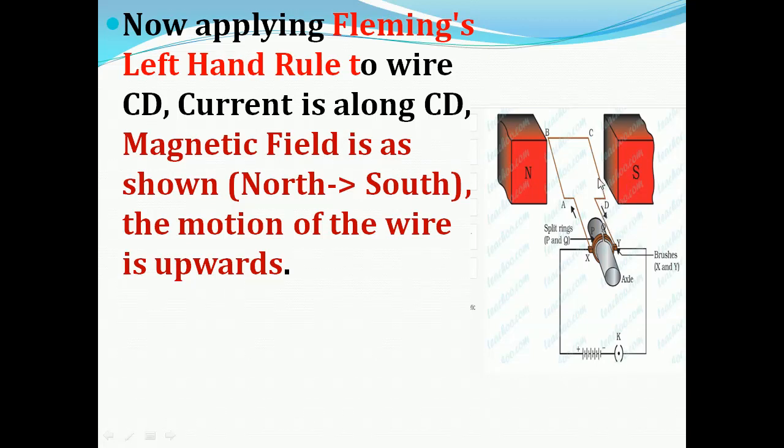So when the current is along AB, the motion of the wire is downward, but when the current is along CD, the motion of the wire is upward. It is opposite to the wire AB.